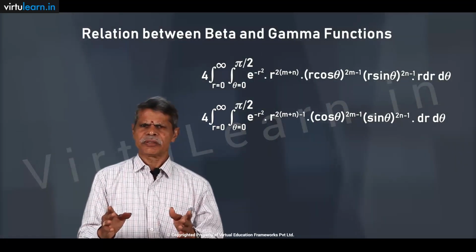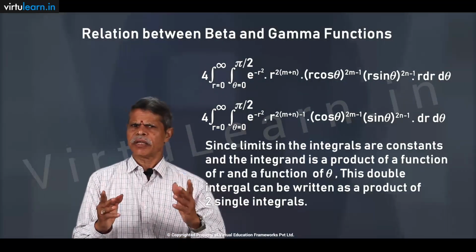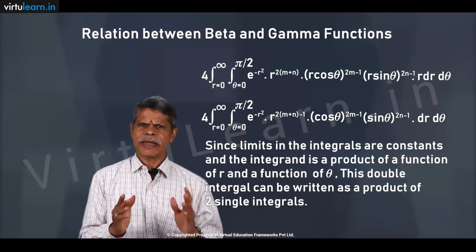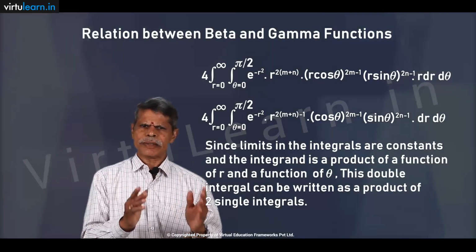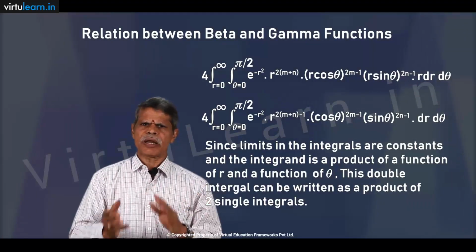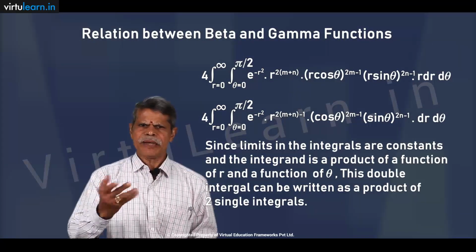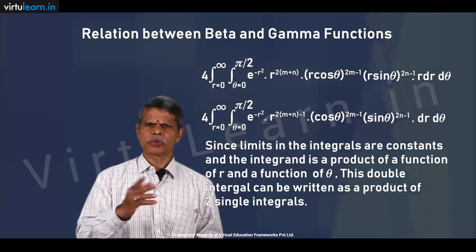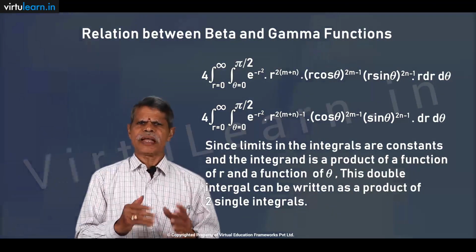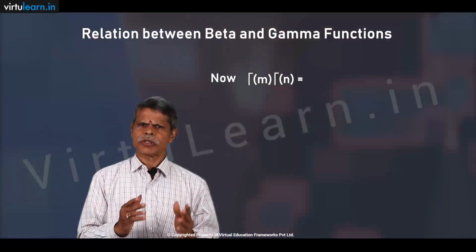We observe that the limits for r and theta are constants. Integrand is a product of functions of r and theta. Therefore, this double integral can be written as a product of two single integrals.